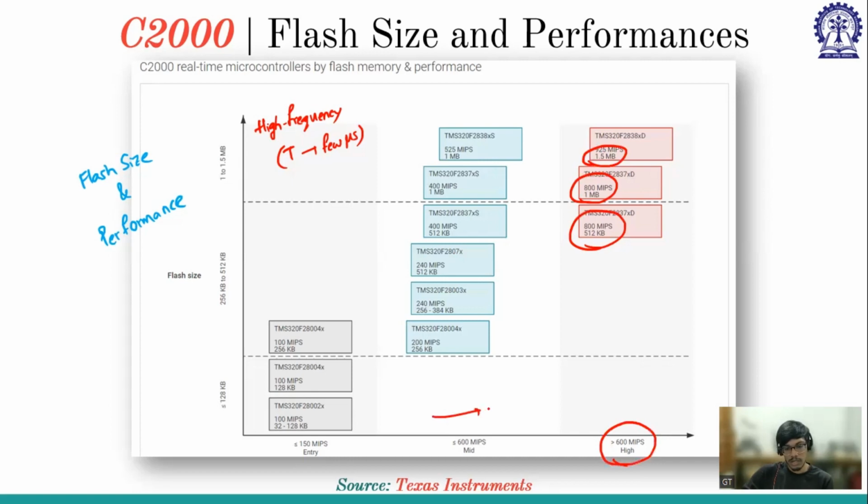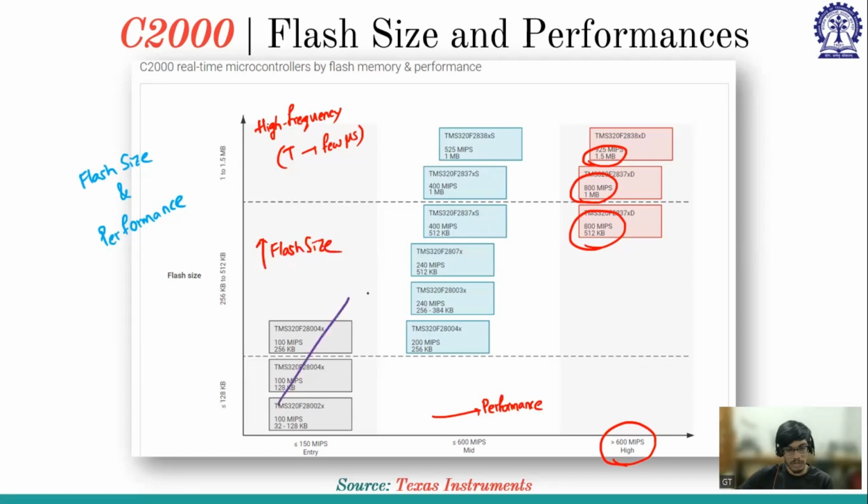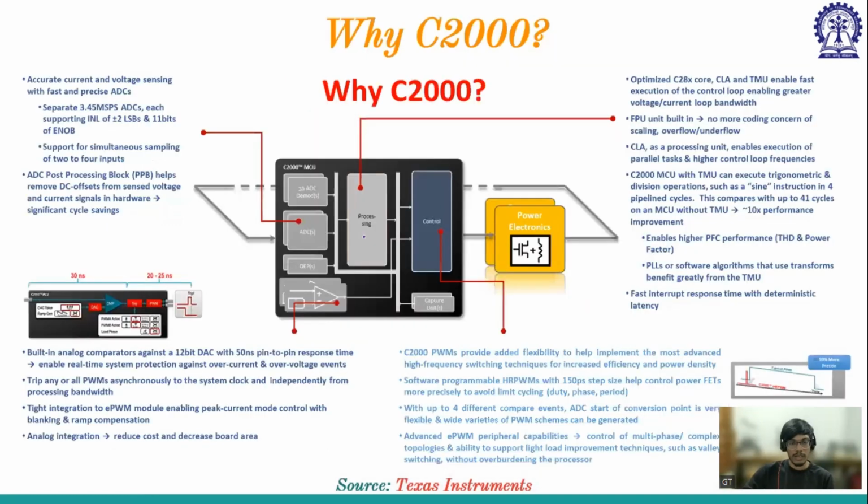This is performance, and this is flash size. So proportionally, the cost might also increase. The cost will also increase as performance increases and as flash size increases.